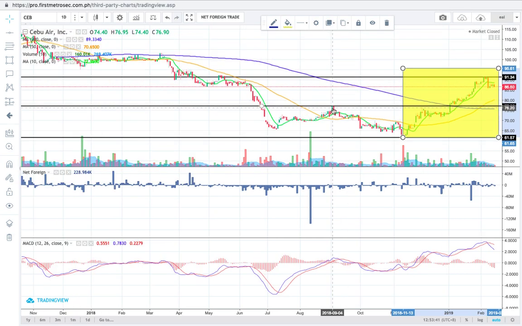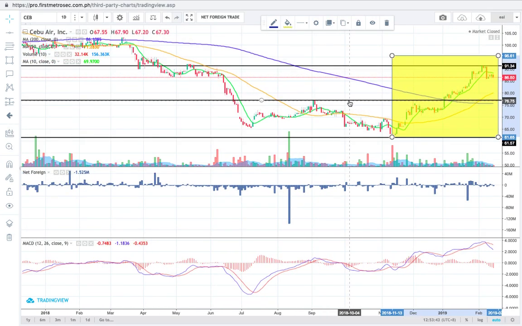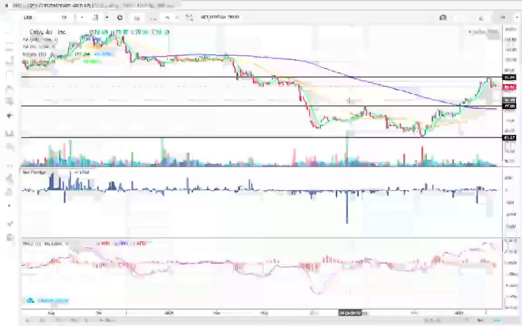I hope you get that. So this 77 pesos per share was a resistance, and now it's a midterm support for Cebu Pacific. I hope that makes sense.